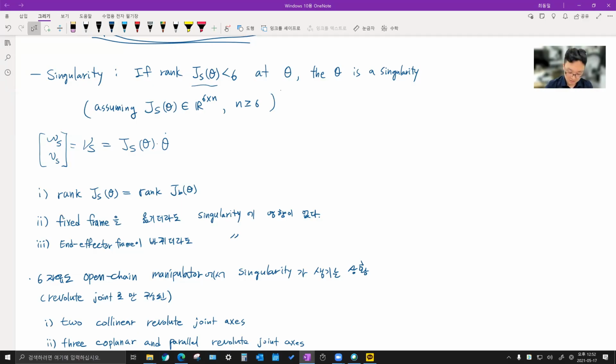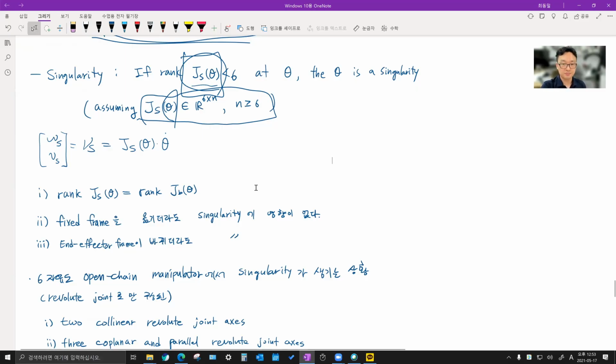So the singularity is related to the Jacobian. The Jacobian is some kind of matrix that depends on the degrees of freedom. So if the robot is 6 degrees of freedom, the space Jacobian becomes a 6 by 6 matrix, a function of theta. But at some theta, if the rank of the space Jacobian is less than 6, then in that case, singularity happens.